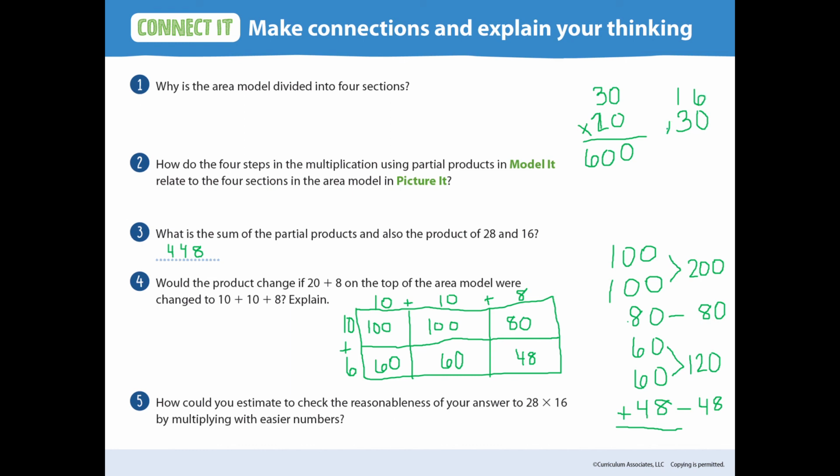That's going to make it a little bit easier for me. So I can drop my 0, and 3 times 6 is 18, and I carry the 1, and I get 480, which is a lot closer. So yes, I would say that my answer is reasonable.